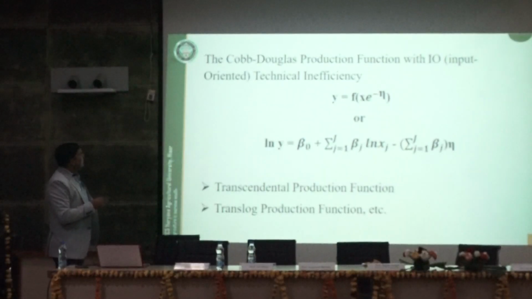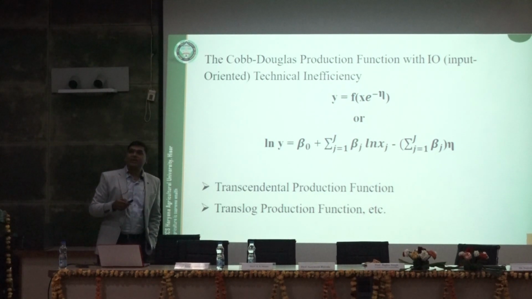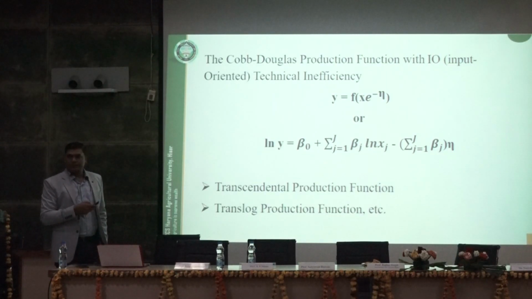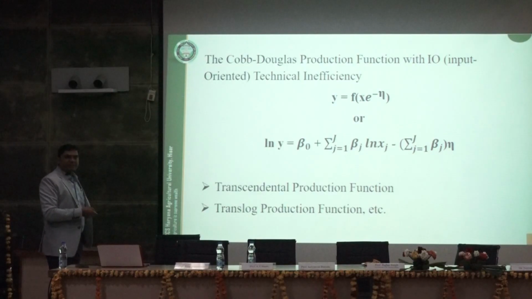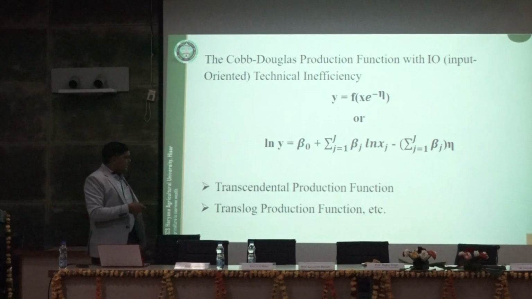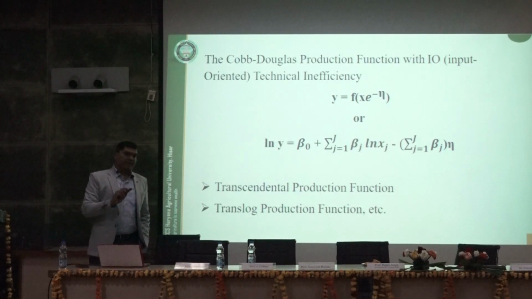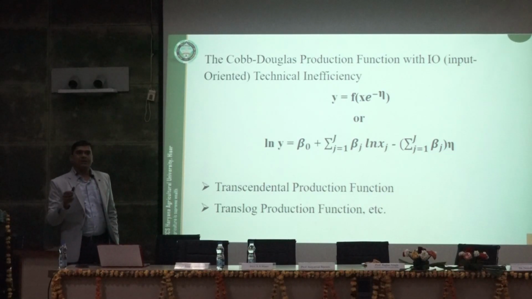This is the production function with the input-oriented inefficiency. And these are some other production functions. We can also use these production functions. Today we will discuss the Cobb-Douglas function and its analysis in Stata.